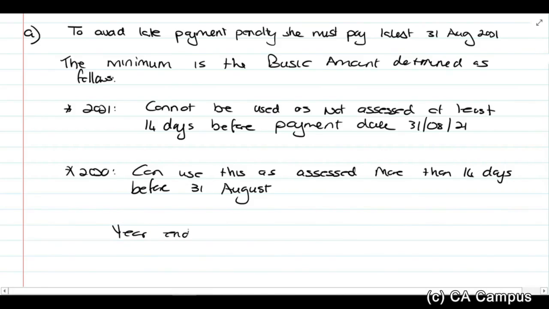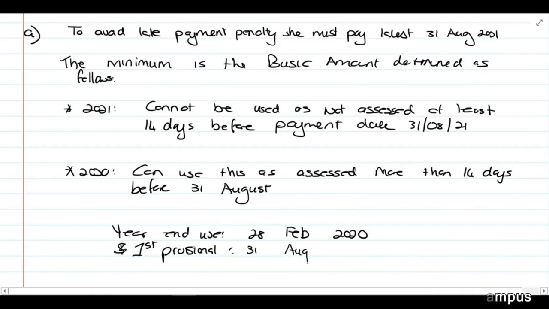Year end used is 28 Feb 2020. First provisional payment is 31 August 2021.